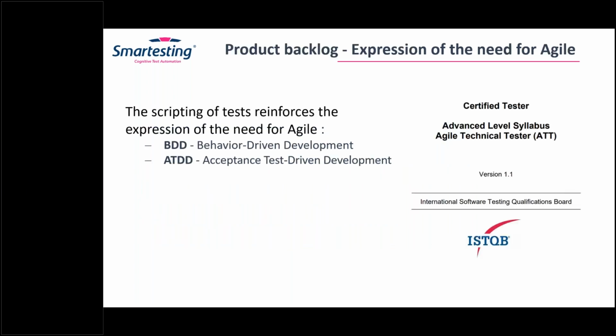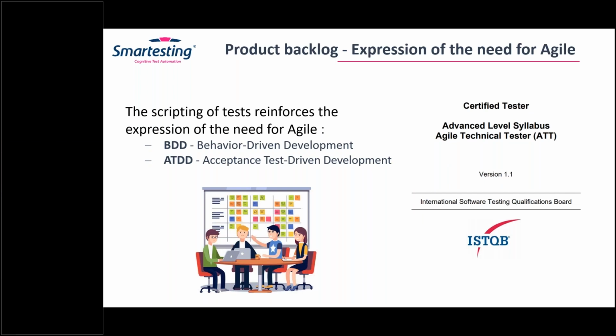That being said, let's quickly jump into what we intend doing today. The scripting of acceptance tests, reinforcing the expression of need in Agile, has become one of the strong practices of agility in the past few years. This is called ATDD.